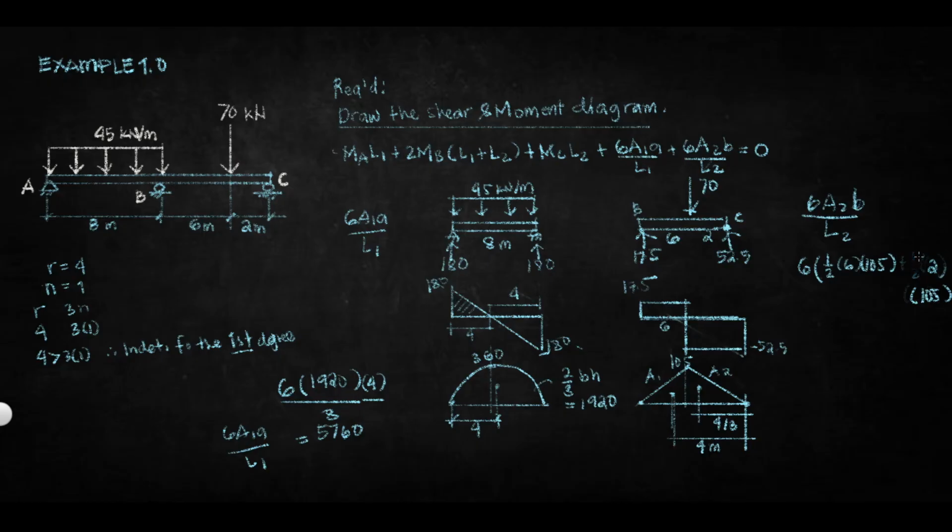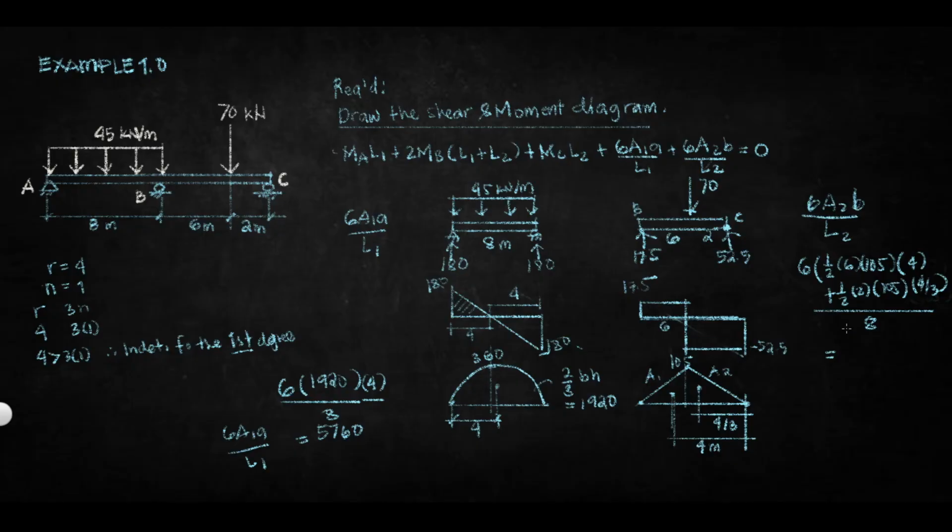Okay, so, let's remove this. So, times B muna tayo. Times B. Ang B nito for area 1 is 4. Then, i-add lang natin ulit yung para sa A2. Ito. So, we have 1/2 times 2 times 105 times centroid 4/3. Of course, lahat po yan over L2, which is 8. So, ano magiging sagot dito?